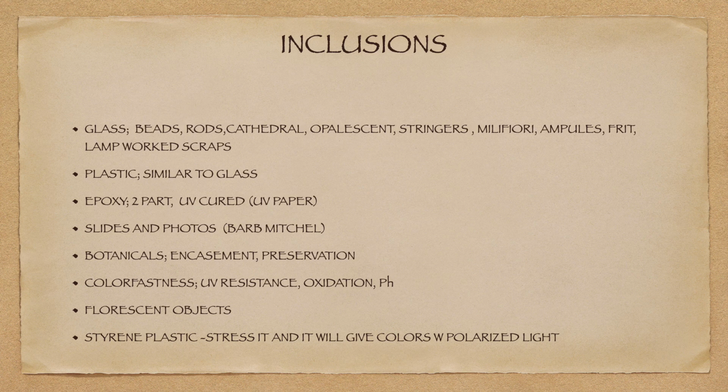But with a small amount of 2-part epoxy, they can be dipped in that and let harden, or more relevant these days with the advent of UV cured epoxy resins, you can just simply dip it in, submit it to a UV light, and you have an encased, hardened, protected, preserved botanicals object.